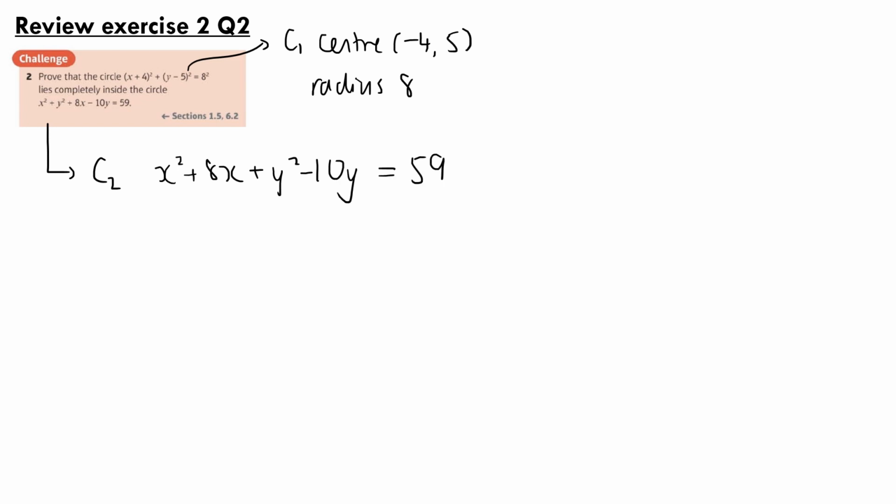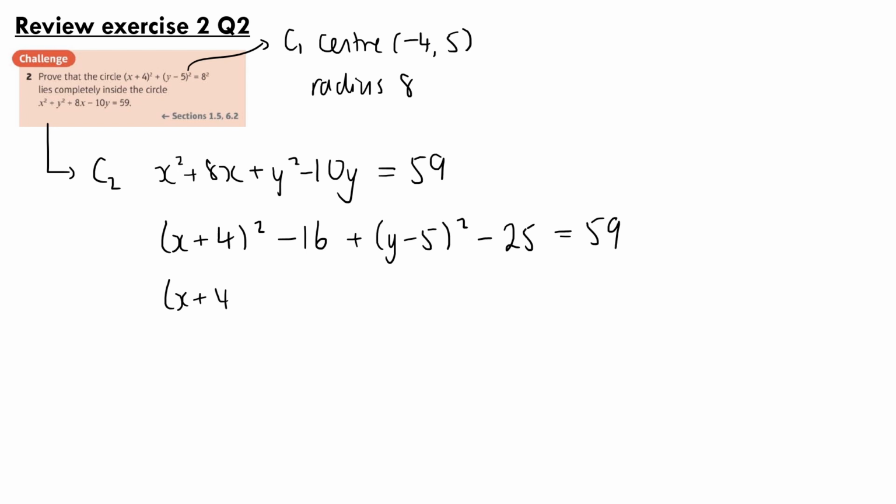Then completing the square for the x's, we're going to have (x plus 8 divided by 2, which is 4) squared, and then we have to take off the extra 16. Then for the y's, we're going to have (y minus 5) all squared, and then we're going to take away the extra 25, and that equals 59. Adding the constants to the right hand side, we have (x plus 4) squared plus (y minus 5) squared is equal to 59 plus 16 plus 25, which gives us 100.